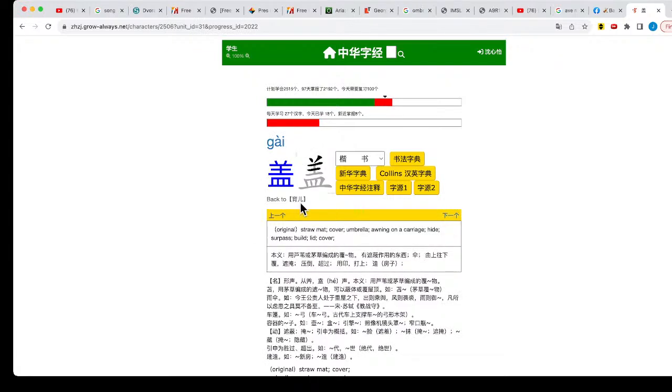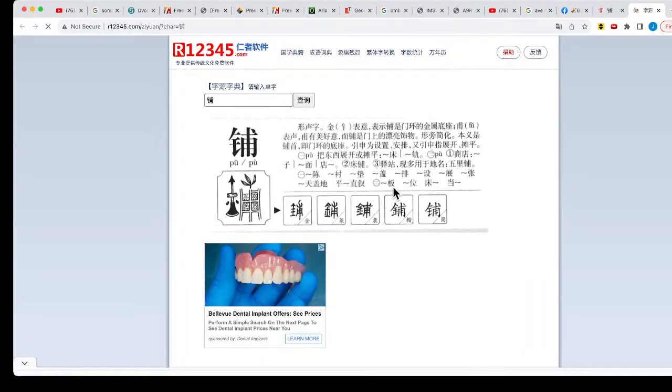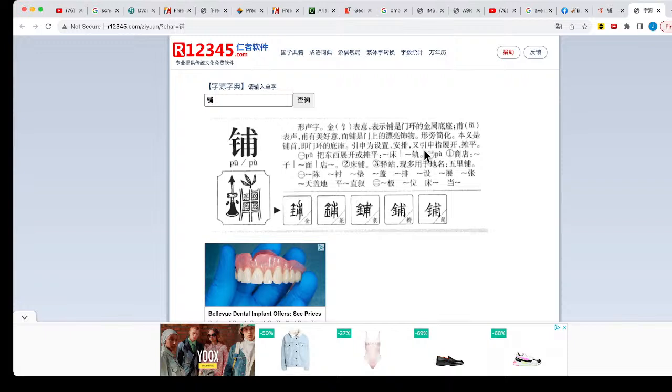Now, next one, 盖. Hold on, we didn't see that character. Okay, 铺. This one has the 金字旁, so it is something related to metal. The original meaning refers to the metal piece on the door.